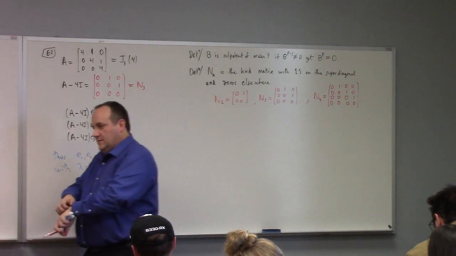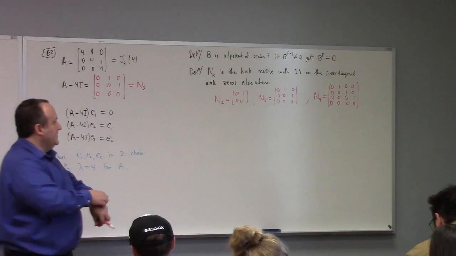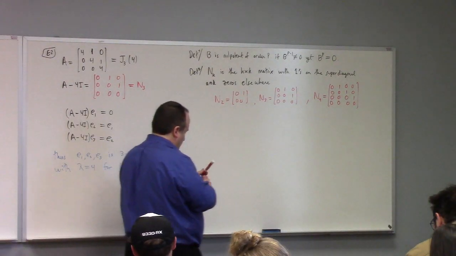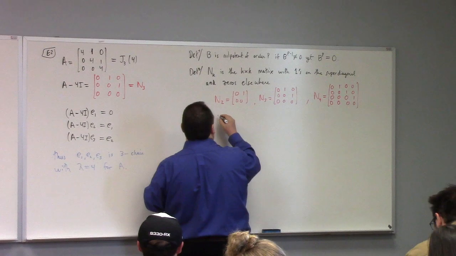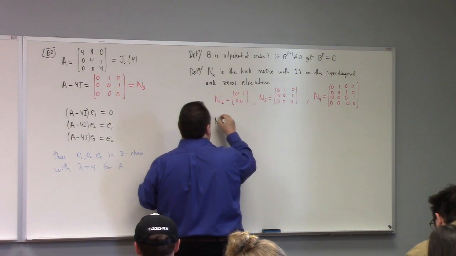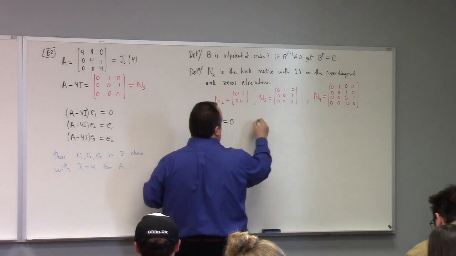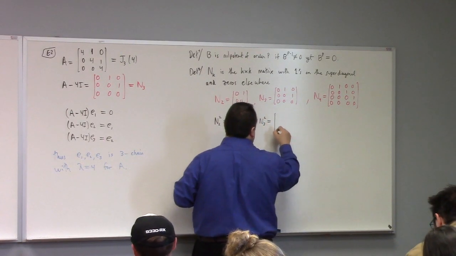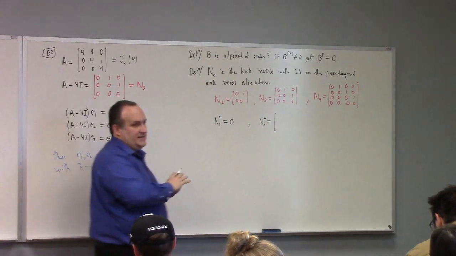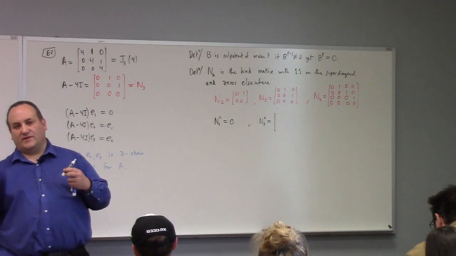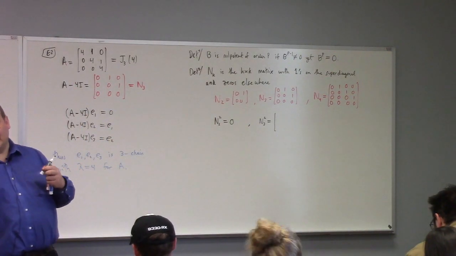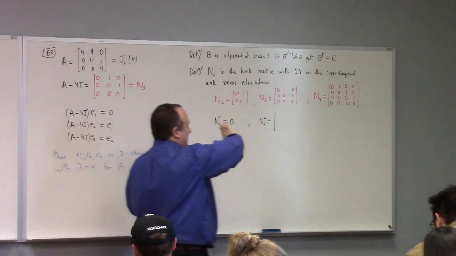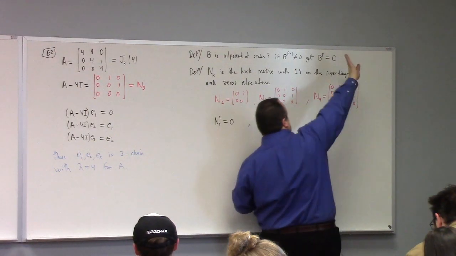Right? Check it out. N2 squared is, there's a really neat pattern to see here. So N2 squared is 0. N3 squared, what happens there, as you square these matrices, it moves the superdiagonal up towards the corner. That's the effect of the matrix multiplication. It pushes this band of ones up to the corner.